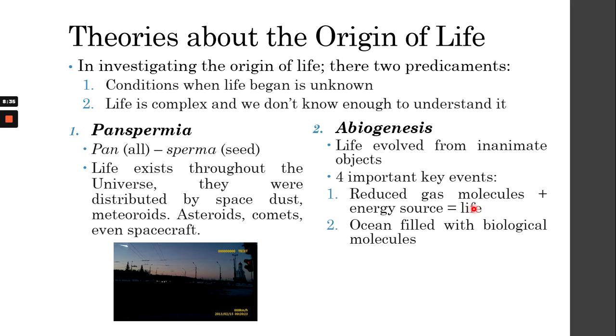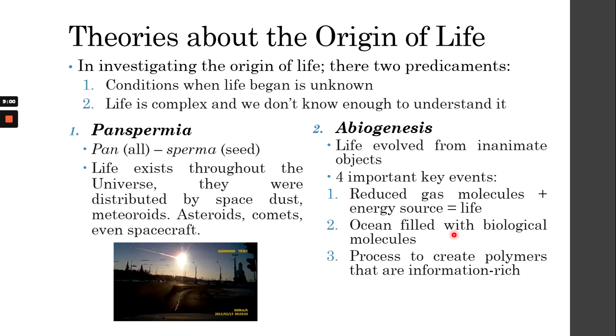And also, because of these reduced gases and the development of various organic molecules, these biological molecules start to fill the ocean, creating that soup, that broth that we will discuss later, the Primordial Soup theory. So that's the second key event in abiogenesis.